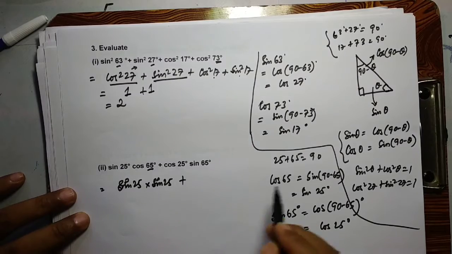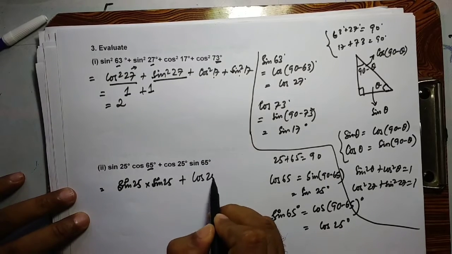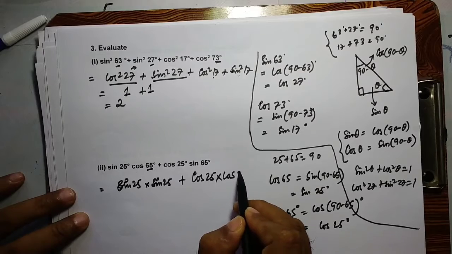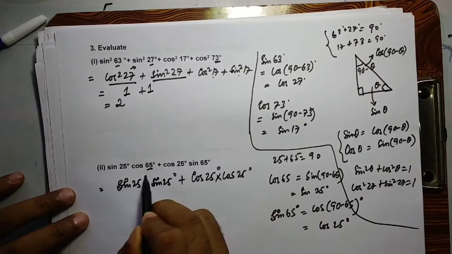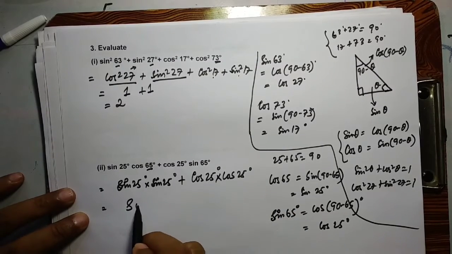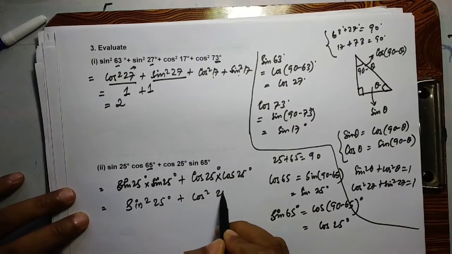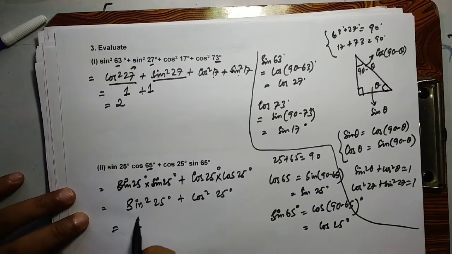Then cos 25 is there, and sine 65 is again cos 25. Okay. So this is nothing but sine square 25 plus cos square 25. So this is 1, right?